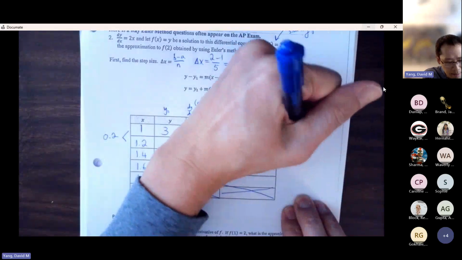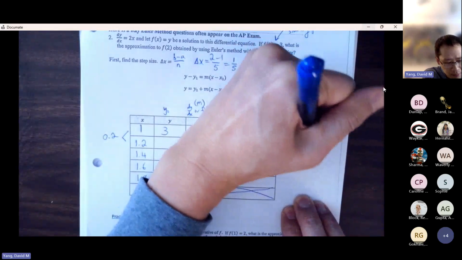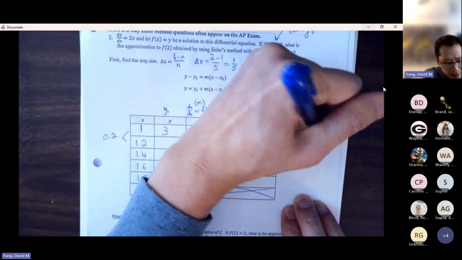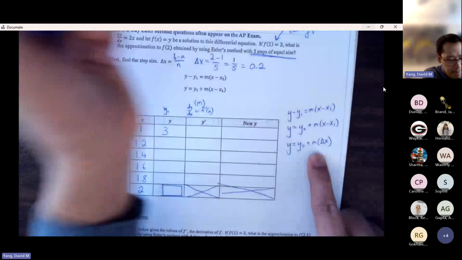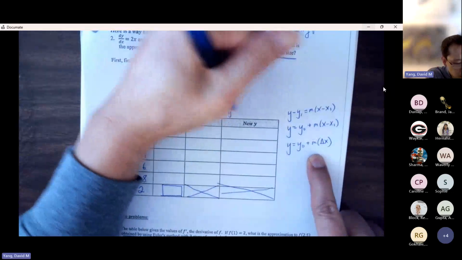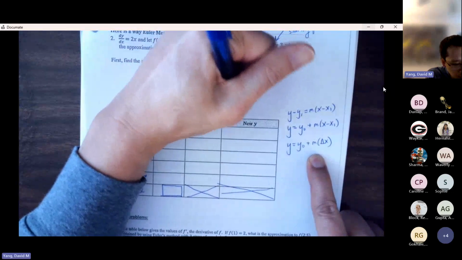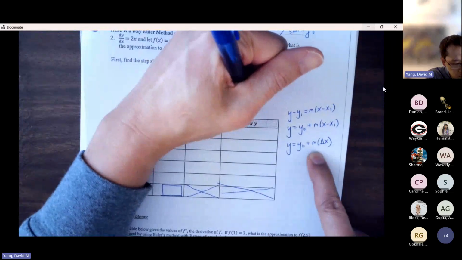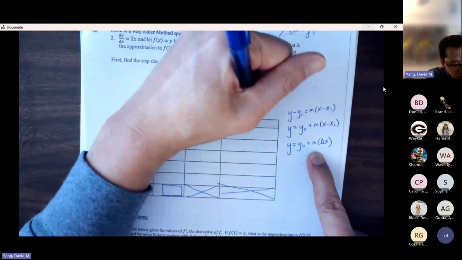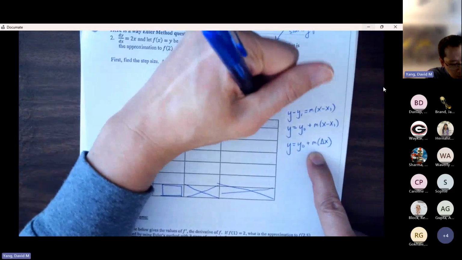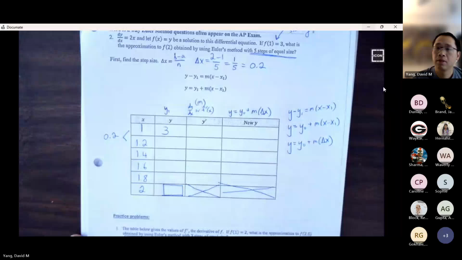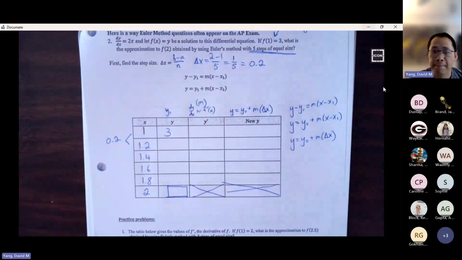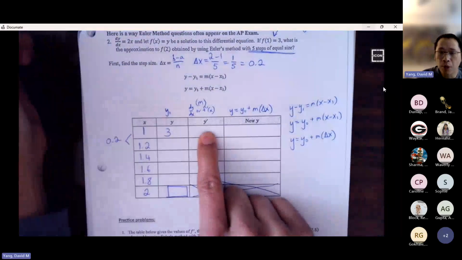So basically y sub 0 plus m times delta x. So to find our updated y value, we're just going to take our previous y value that's given to us, plus m, or our dy/dx, times our step size.